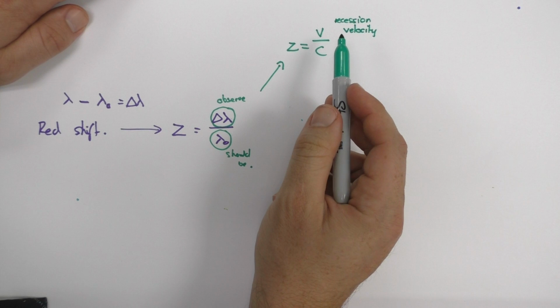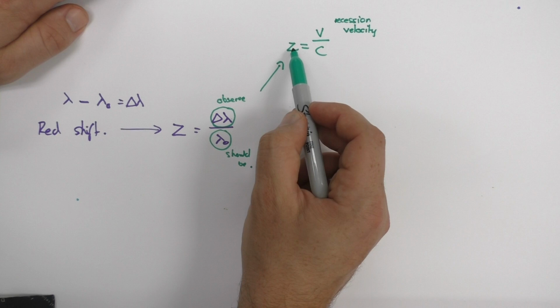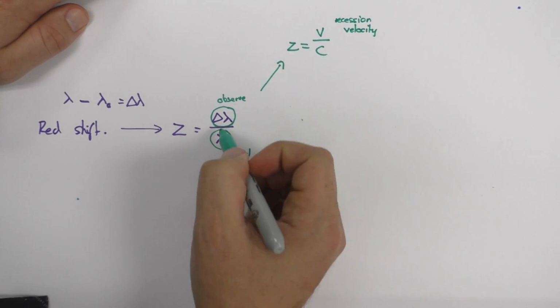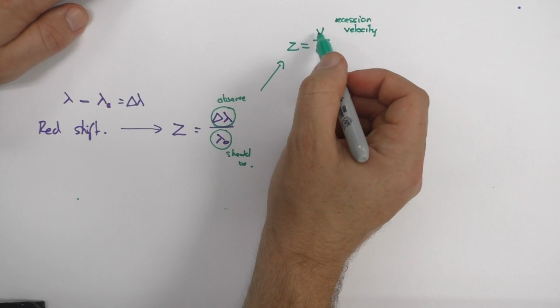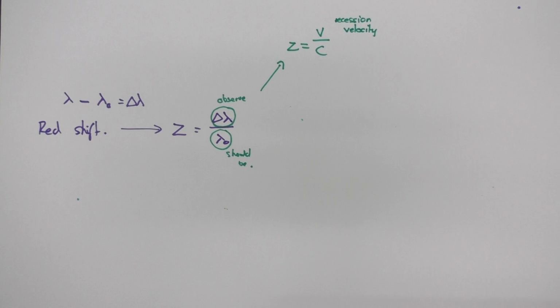And the recession velocity divided by the speed of light is also equal to this z factor here. So we've got a really useful relationship here that allows us to work out the recession of a specific object in space.